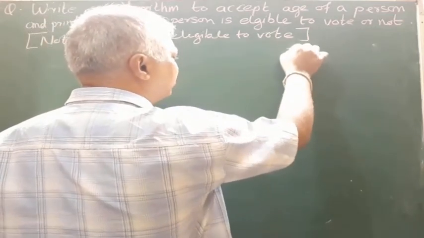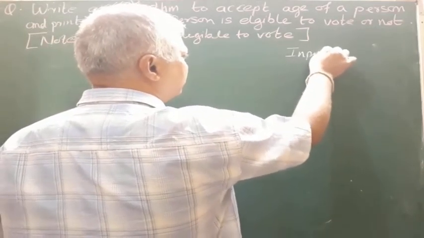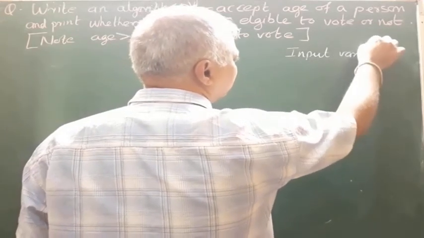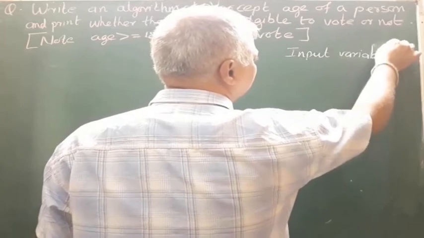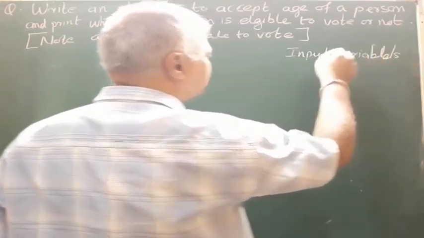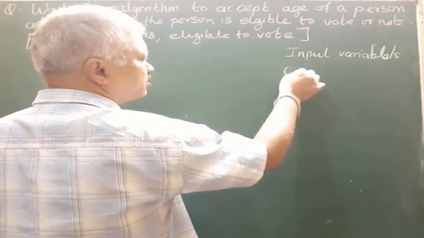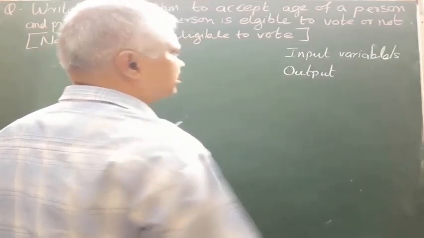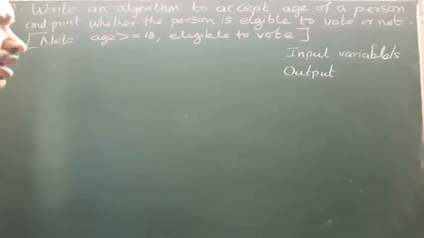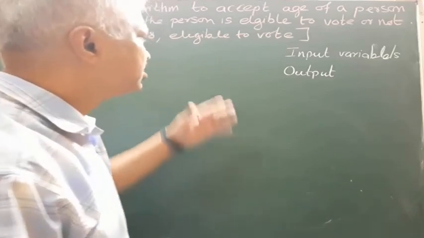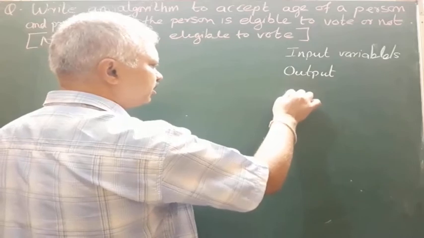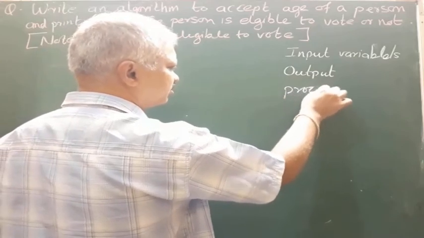Very first we will think of what the input variable or variables are, and what the outputs are. As I said, output can be a variable or it can be a statement. So here we have a statement again. Then the processing logic.